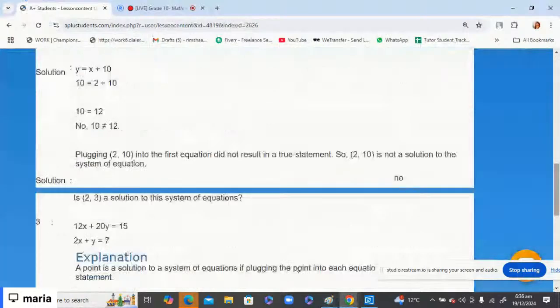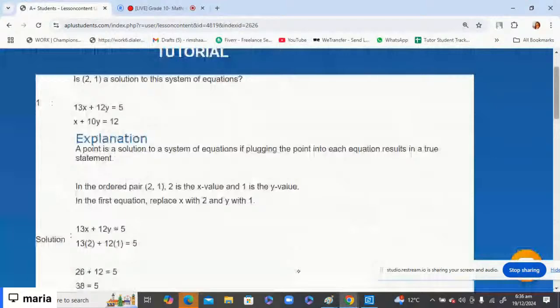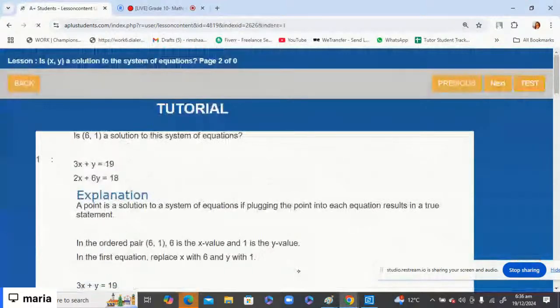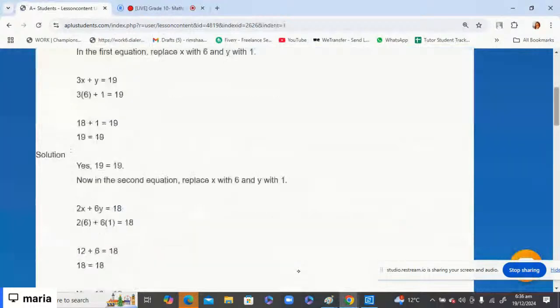If something is equal, then it is a solution.